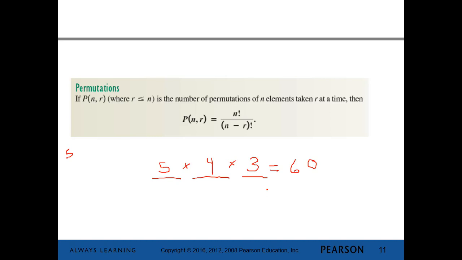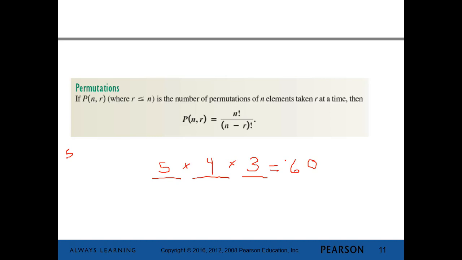Well, guess what? All of these examples where order matters are permutations. So what I just figured out is the number of permutations of 3 books out of 5 that I can choose from.